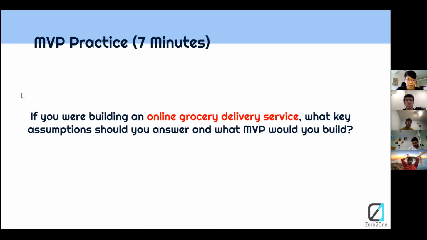There's also an assumption that they're going to be able to get delivery drivers as Instacart and Shipt have done. And then with the MVP, we were thinking we could just start out in one neighborhood and see how it turns out, and then go from there, begin expanding.